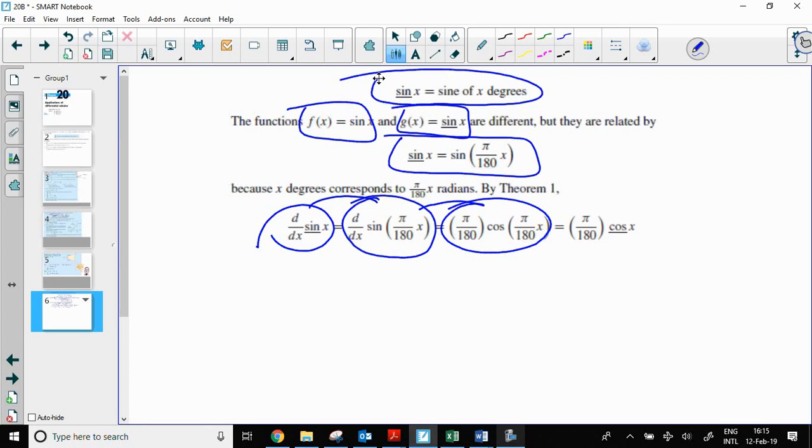But we can rewrite this second part as the underlined cosine of x. So the derivative of underlined sine is equal to pi over 180 times underlined cosine. So we have this extra constant coming out of it due to the chain rule.